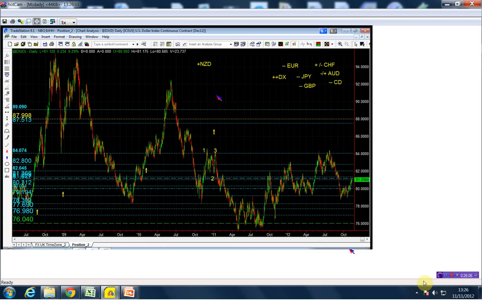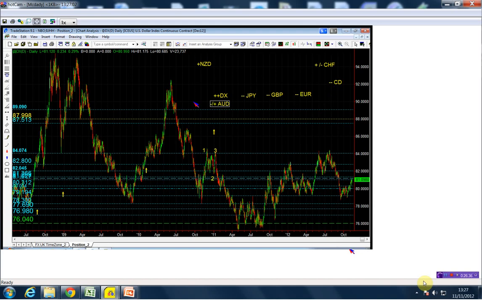We are looking at selling the yen. We're looking at selling the pound. We're looking at selling the euro. The Aussie is kind of neutral, so it's either a buy or a sell. So we're going to see the buy signals on that.